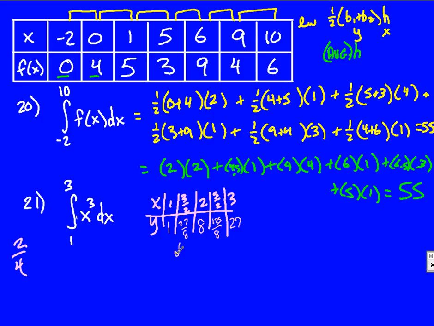If you turn them into decimals, this guy would become 3.375, and this guy here would become 15.625.